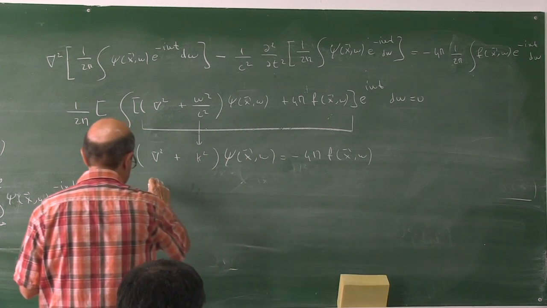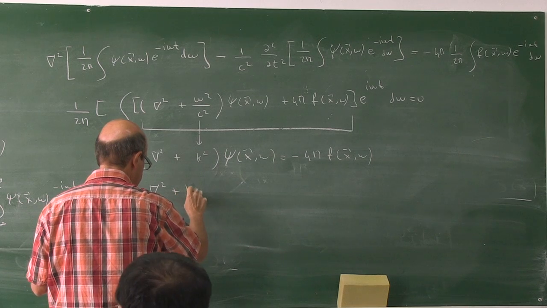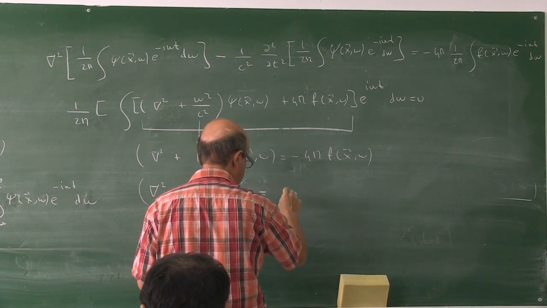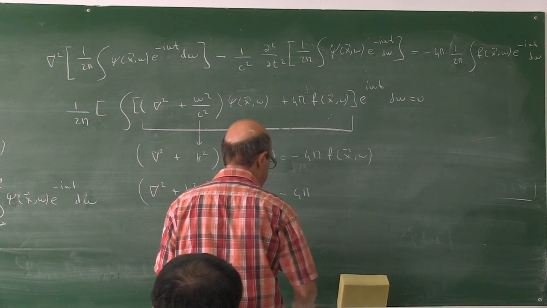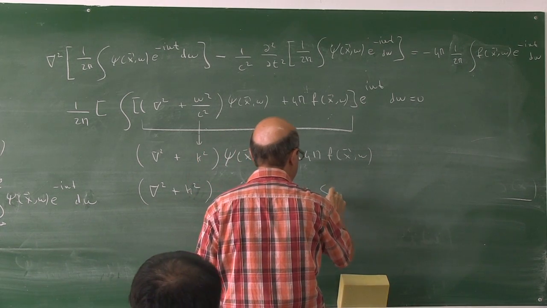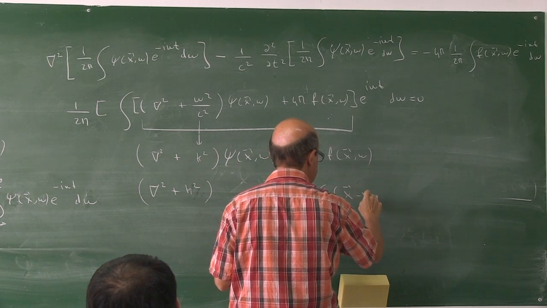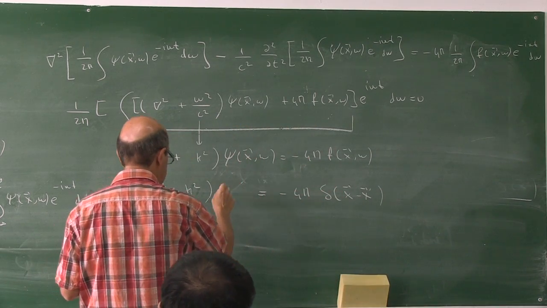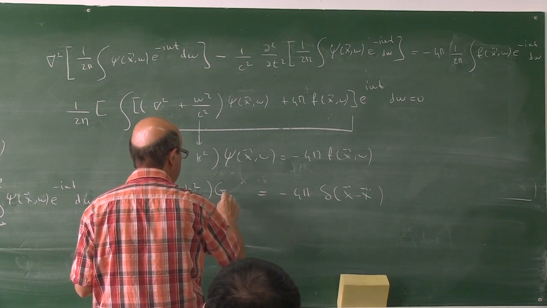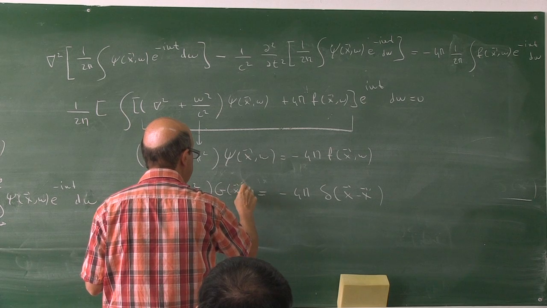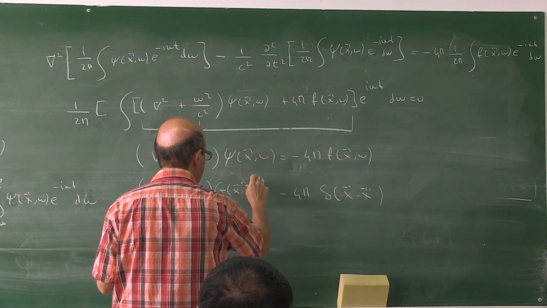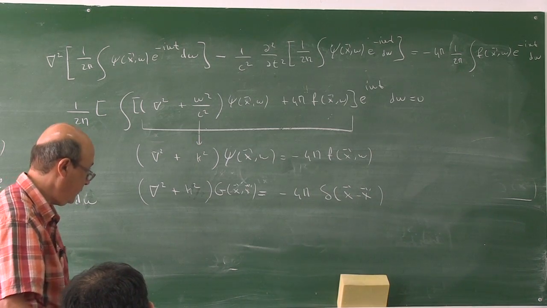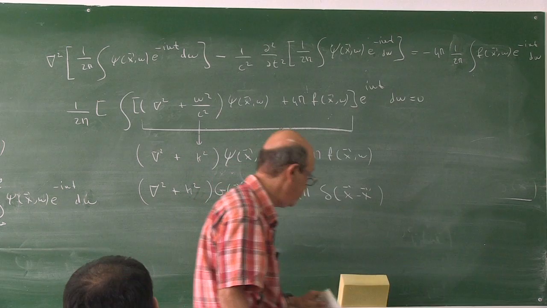Laplacian plus k square, as a source, I will put a delta function, x minus x prime, and I'll call this the Green's function for x prime. So substitute to the right hand side a delta function, and the solution will be the Green's function.